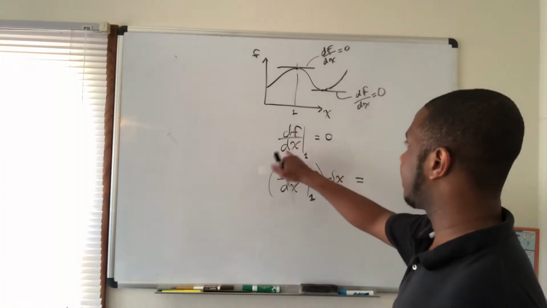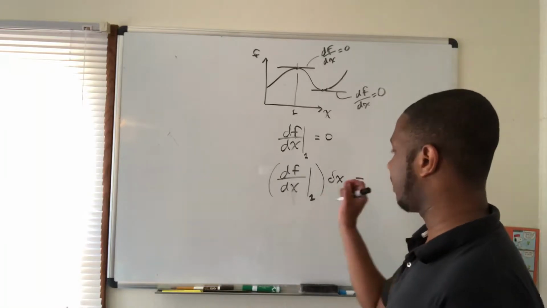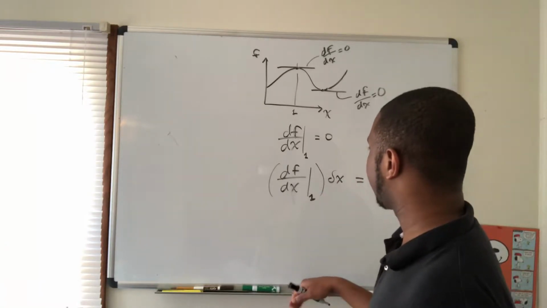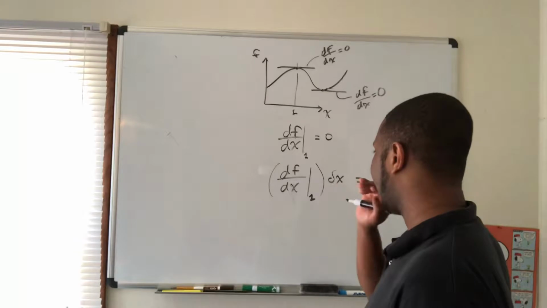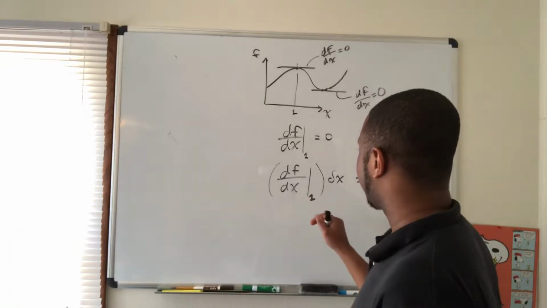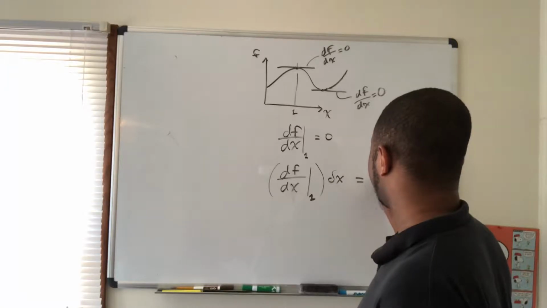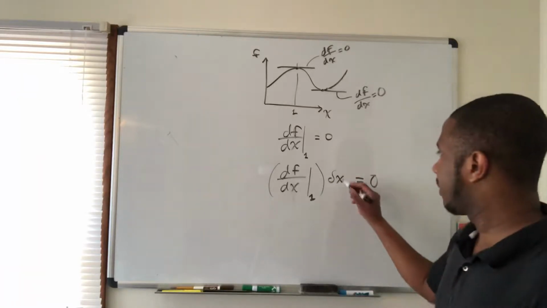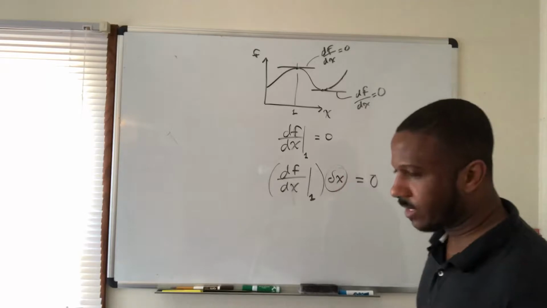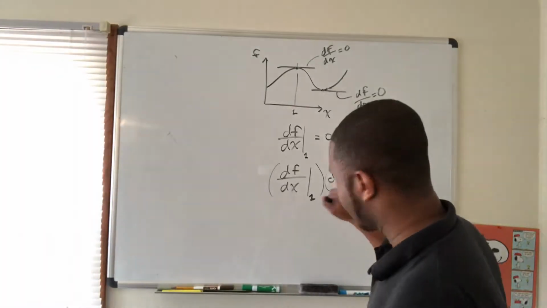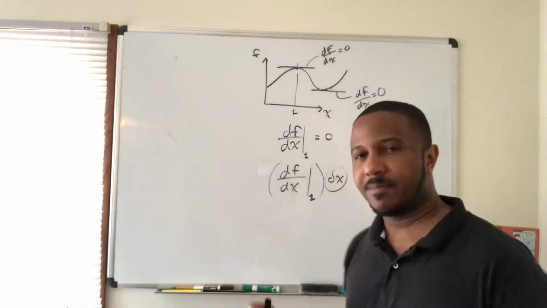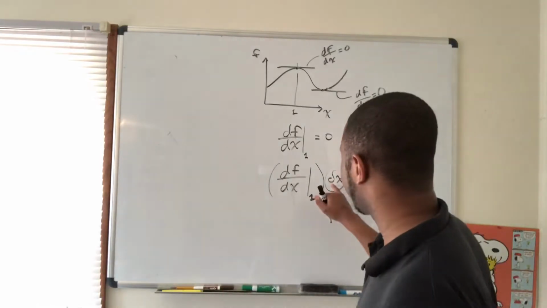So here we said that's 0, right? If you move it by a small amount, that would still be equal to 0. This is sort of like saying you're moving it, but still at that point, a very small amount.